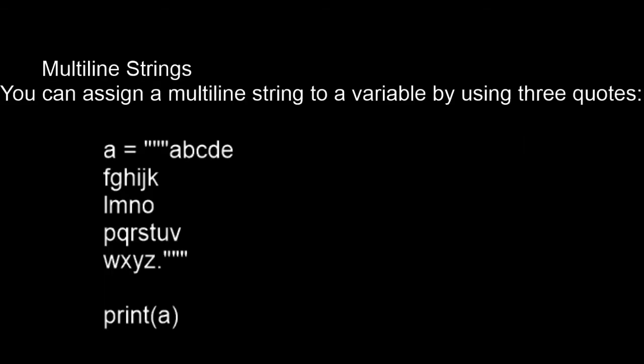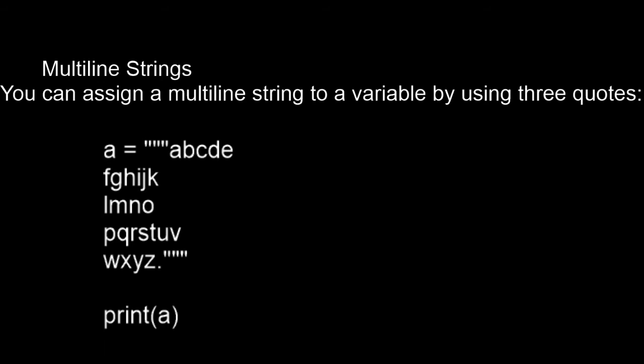You can assign a multi-line string to a variable by using 3 quotes. In the example a is equal to, when 3 double quotes is used, then the multi-line variable is typed in 5 different lines. Then in the end again 3 quotes are used.